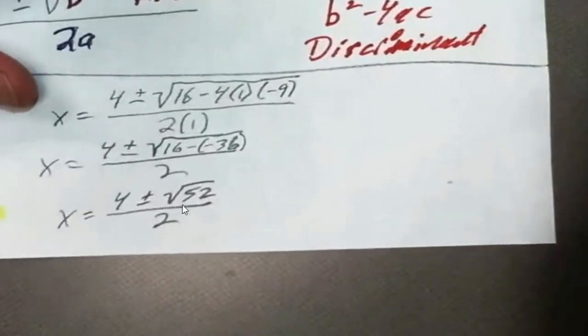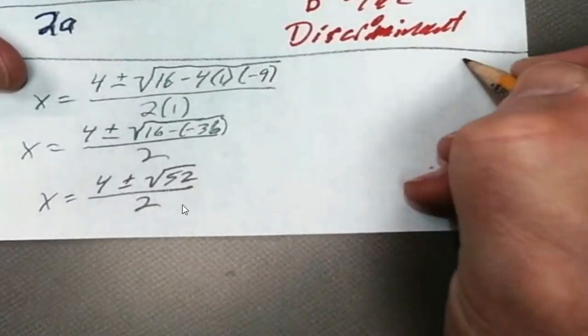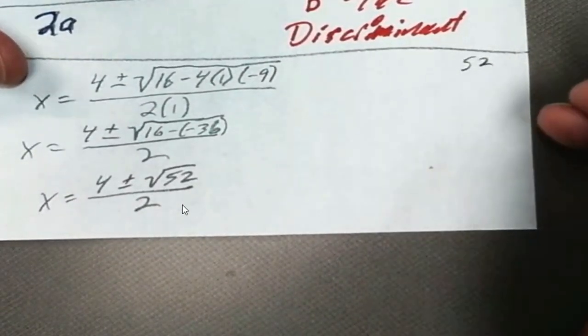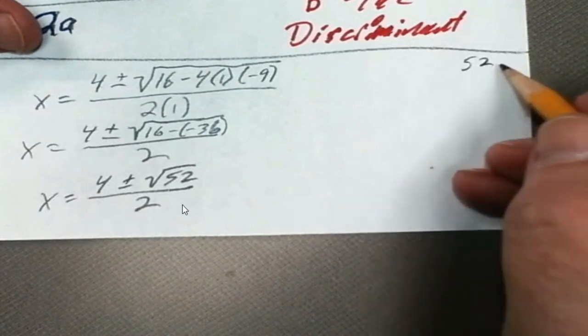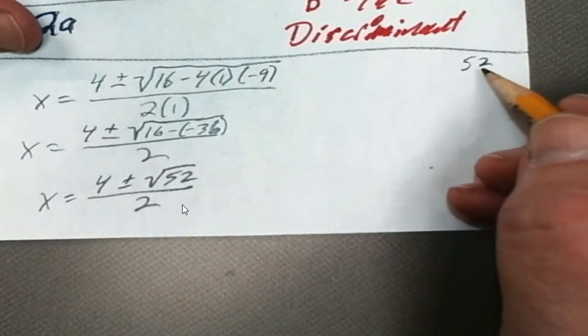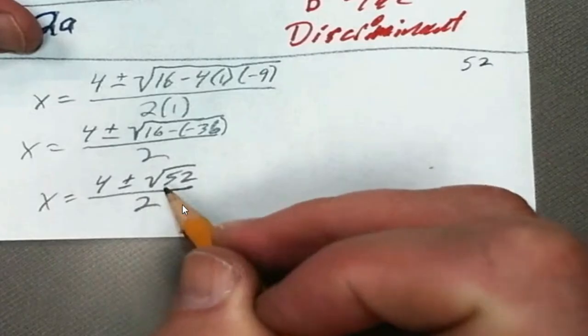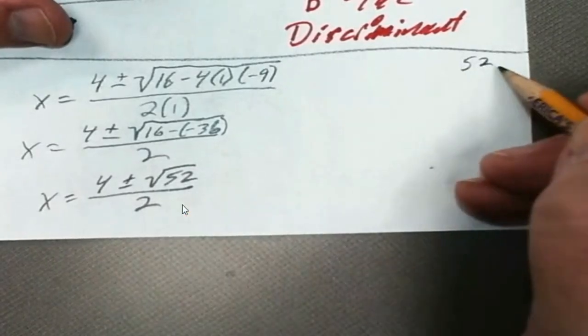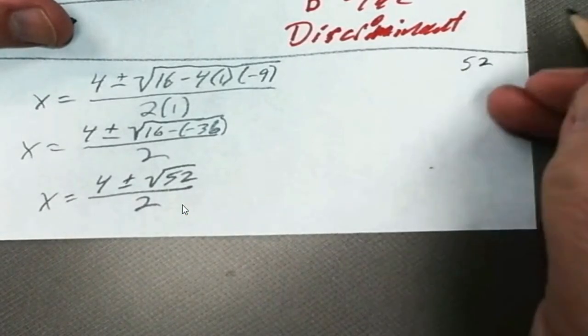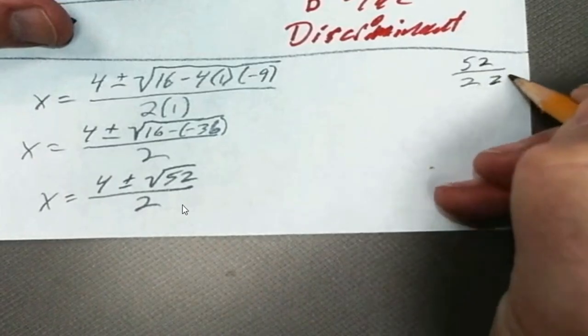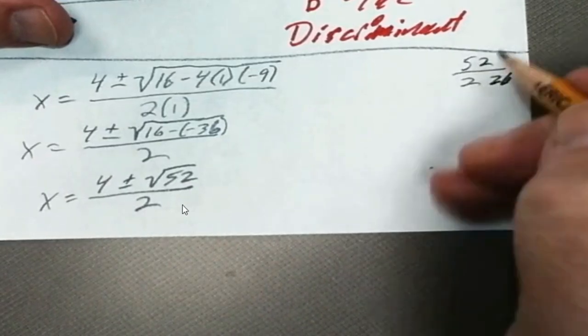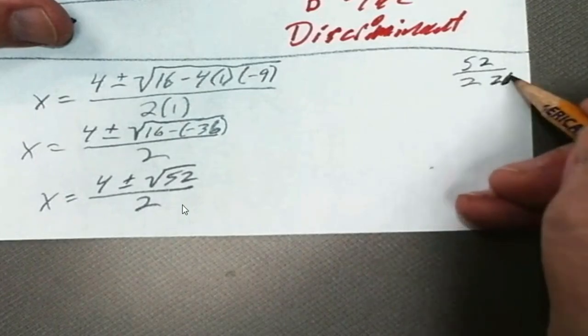So let's look at the factors of 52. And specifically, if there's any factors that are a perfect square that we can take the square root of, right? So we don't care about 1 and 52. Let's see, 2 and 26. 26 is not a nice square number.